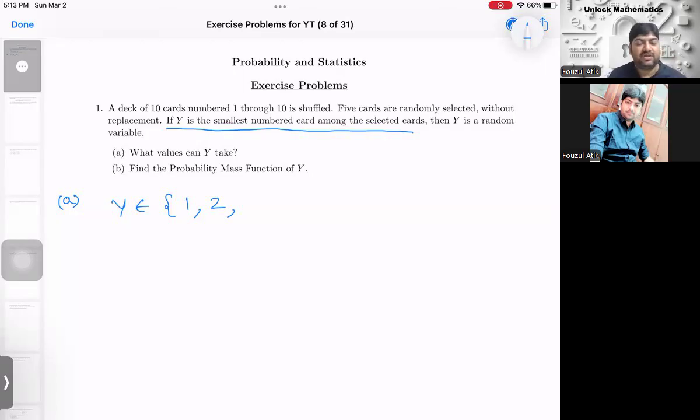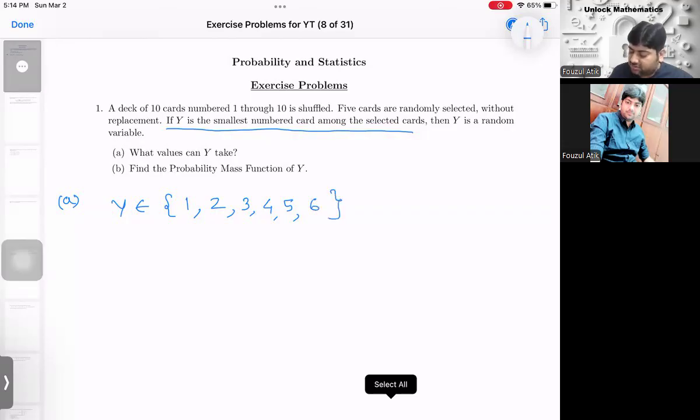In this way, what values can Y take? Y can take the value 3, 4. Y can take the value 5 also, so the other 4 cards can be from 6 to 10. One more thing, Y can take the value 6 as well, because from 6 to 10 you can still have 5 cards, all the last 5 cards. So Y can take values up to 6.